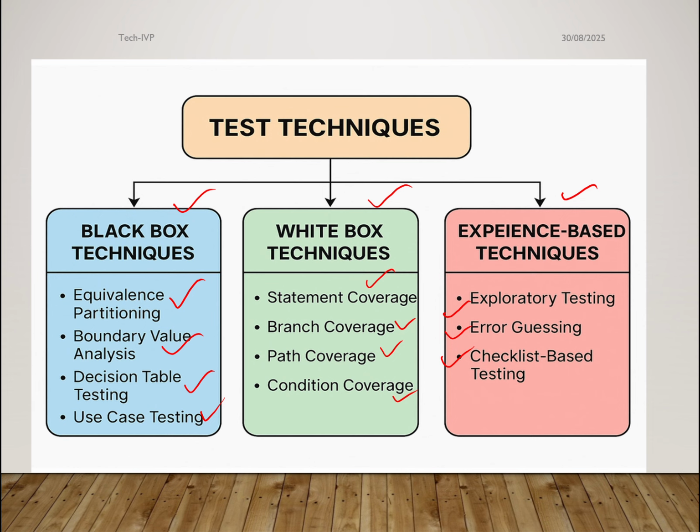And guys, if you want detailed discussion on this one, please comment so that I can create a separate video on the test design technique: how we can create test design techniques, what is the decision table and where we can apply it, what is equivalence partitioning and where we can apply it, boundary value analysis, and use case testing.